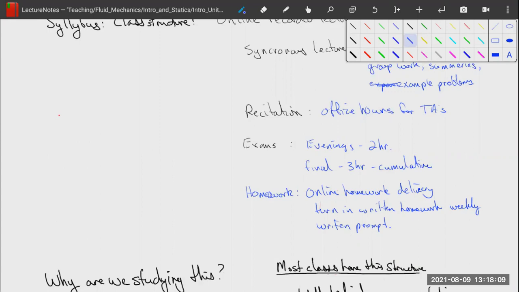There will be a writing prompt included in each homework. That writing prompt is a short paragraph where you talk about two things. In your written work, you're going to circle parts of your homework where you are stuck, where you experienced frustration. Stuck places is what I call them.